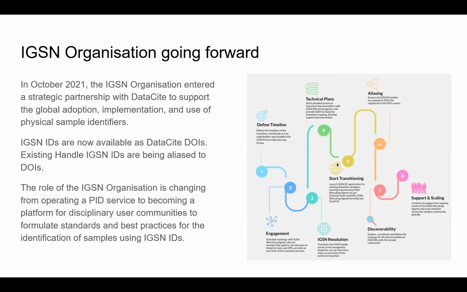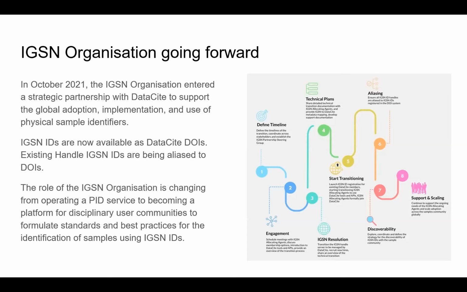But we found over the years that we were struggling to run this as a technical service for providing persistent identifiers and as a community organization. And so we ran a project called IGSN 2040 to look at how we can put this all on a sustainable footing.